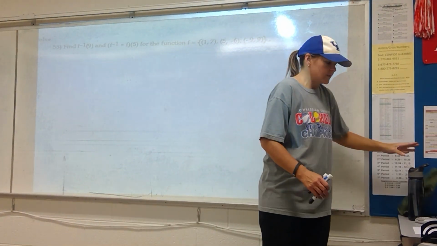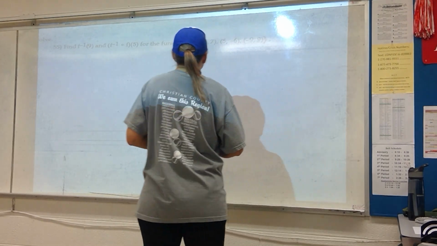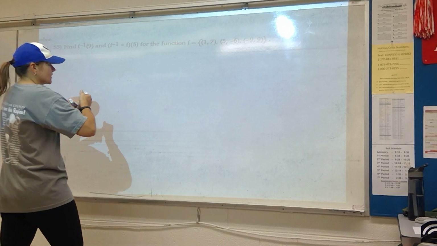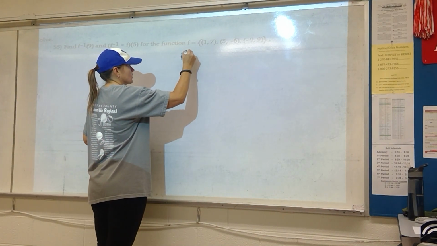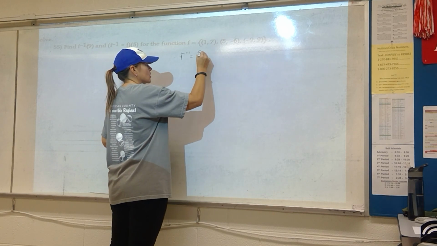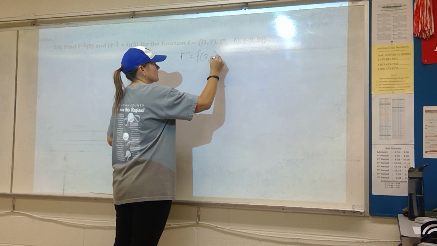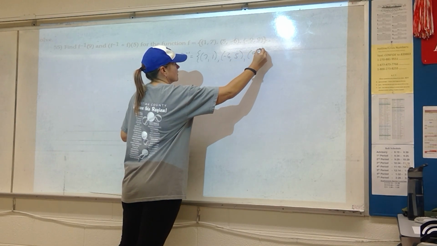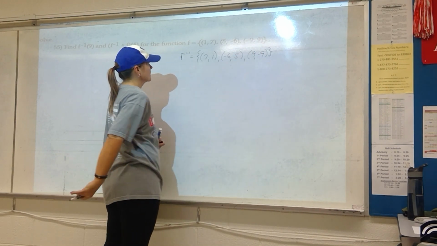Okay, this one always confuses people. Don't let the notation confuse you. First of all, this is f. The inverse of that, let's write that down, would be where you switch all the x's and y's. So the inverse, switch x and y's.